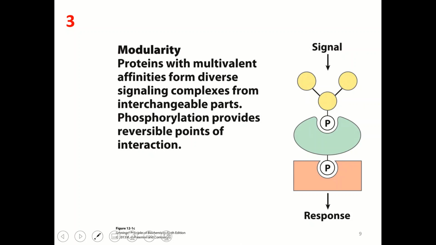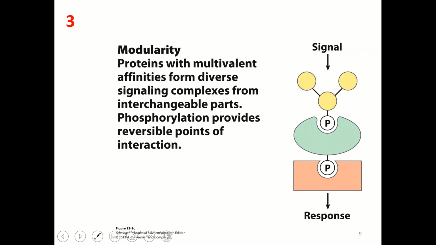Phosphorylation of these proteins is a good point of interaction for these complexes. I don't know if we see very many specific examples of modularity in the pathways we look at in this class. I don't recall any off the top of my head.